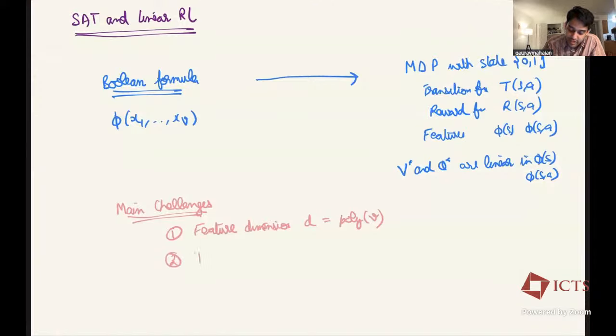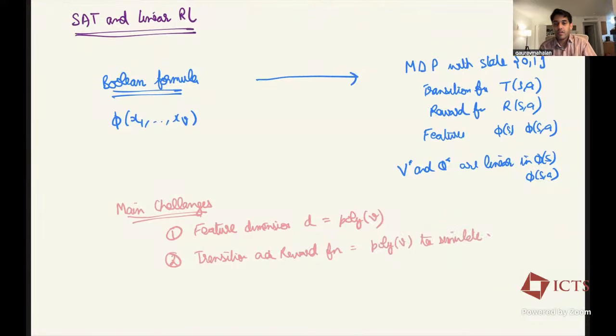And the simulation of this transition and reward function should also not take more than polynomial time. So this should also take poly V to simulate. When I say there is some way of describing this transition function and reward function, I have to design algorithms for them too.